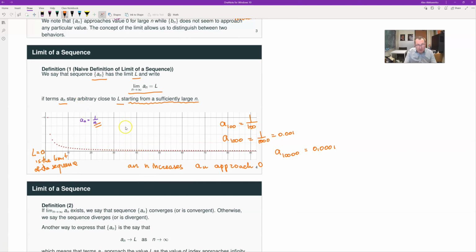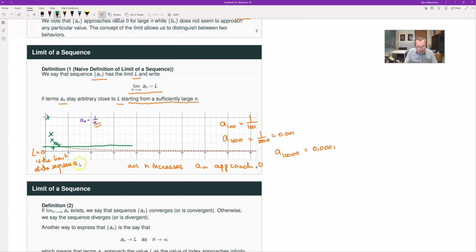And we can expect that all of the elements of the sequence will stay close to that limit. And we can even say how close. So we can choose a particular level, like, for example, I want to go this far. And we can see that a few elements are not close enough.